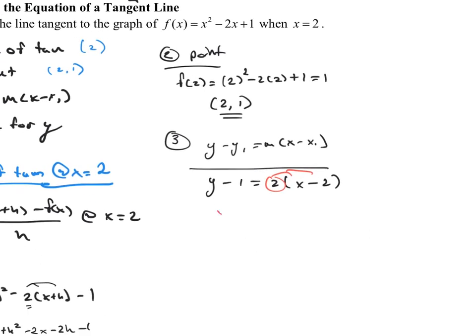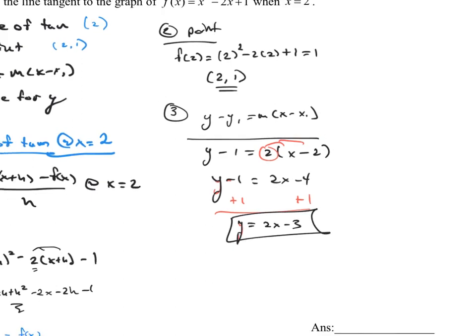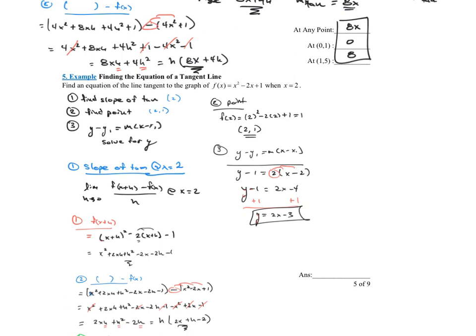This is going to be y minus 1 equals 2x, and then 2 times negative 2 would be minus 4. I'm going to add 1 to both sides, and I end up with y equals 2x minus 3. So the equation of the tangent line when x equals 2 of the graph x squared minus 2x plus 1 should be y equals 2x minus 3.